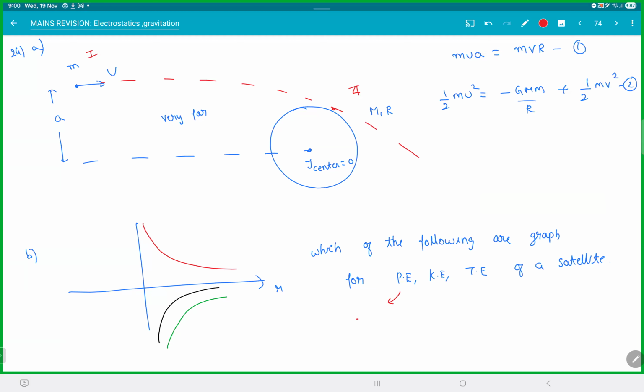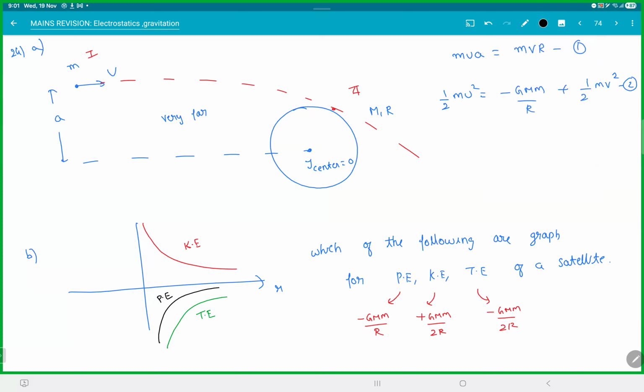What is potential energy? Minus GMm by r. Kinetic energy plus GMm by 2r. Total energy minus GMm by 2r. So kinetic has to be positive, so the red one is kinetic energy. Compared to this, this will be total energy, the green one. Potential energy is more negative. The black one is the potential energy.